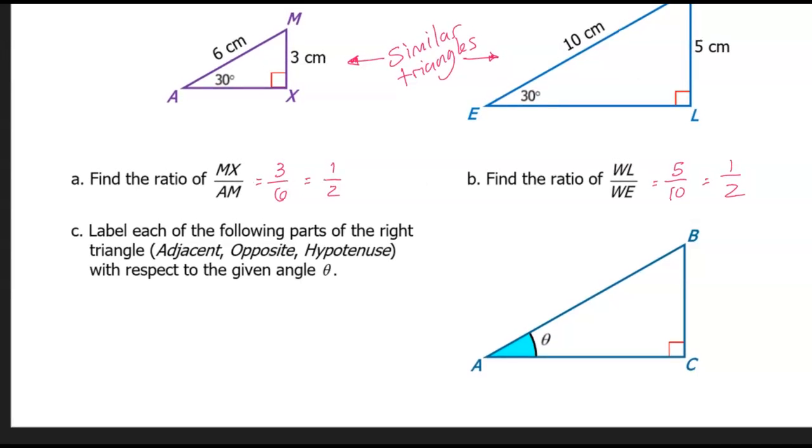So now, before we set up our trig ratios, we do need to recall, when I'm thinking about my angle, which in this case is theta, where the adjacent side is, where the opposite side is, and where the hypotenuse is. So on this triangle, let's start with the easy one. Where is the hypotenuse? The diagonal that's across from the right angle.